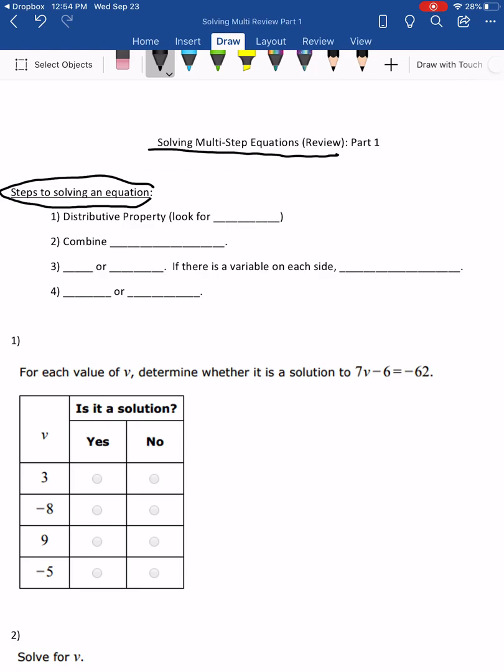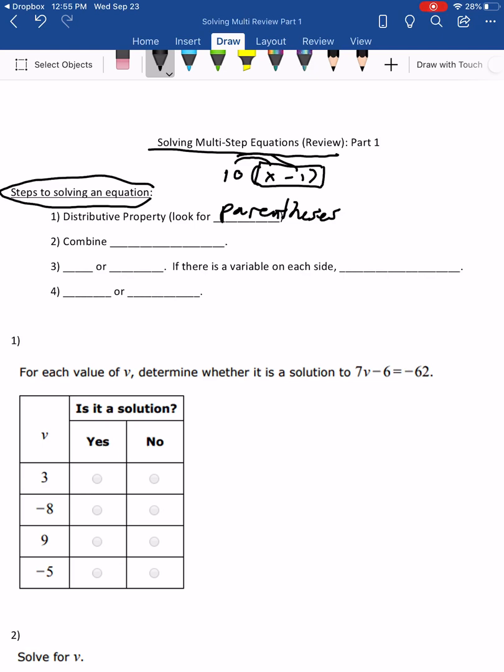Number one, distributive property. What do we look for to tell if we have the distributive property? Well, distributive property looks like that, right? Distribute that 10. We look for parentheses, okay? That kind of gives away that we have to distribute that 10.